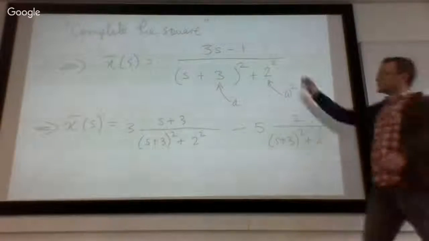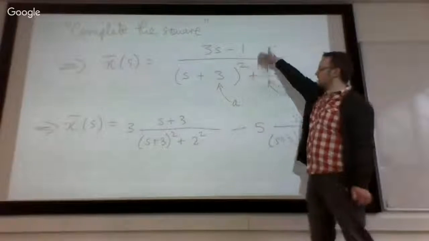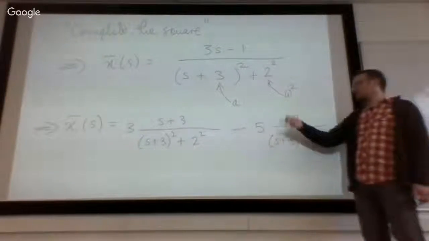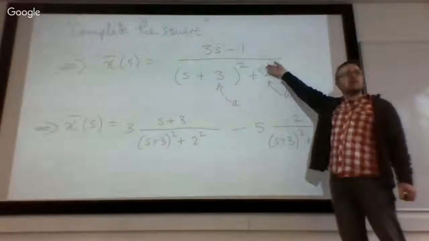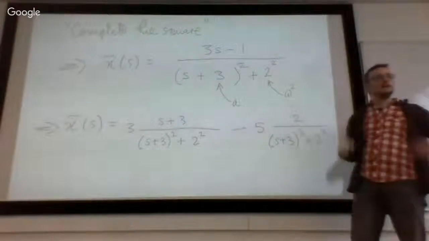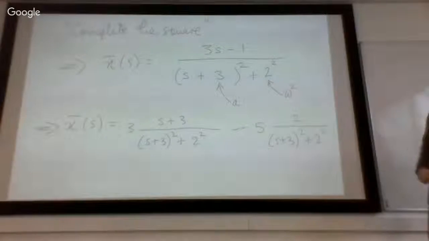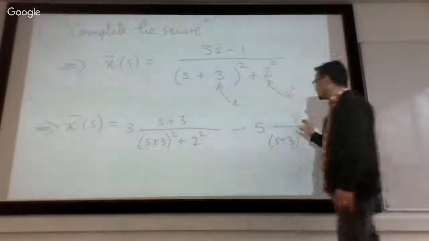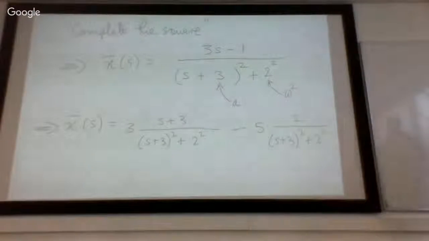Now normally you wouldn't take a fraction like this and write it as a linear combination like that, because it's too long-winded. This is a much more compact, tidier presentation of it. But the reason we're doing it is that now I see x bar as a linear combination of functions which I can find on the table.